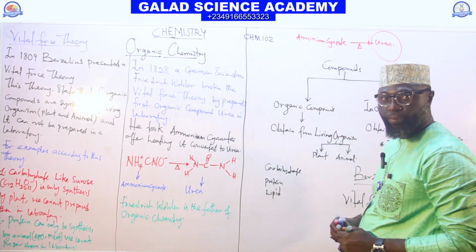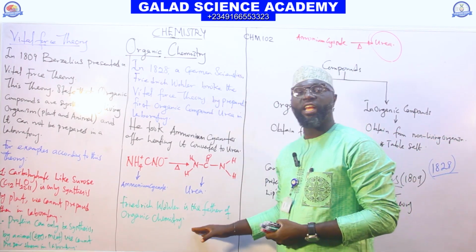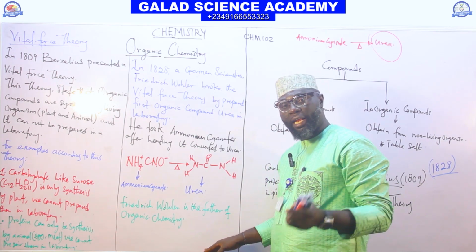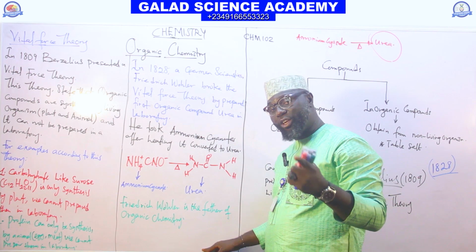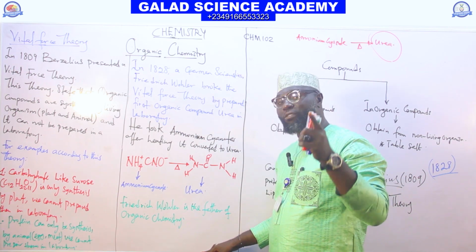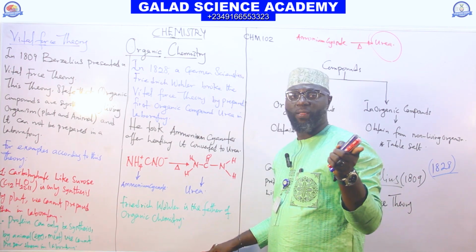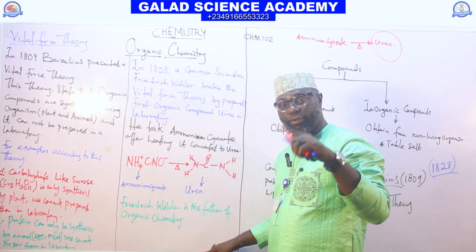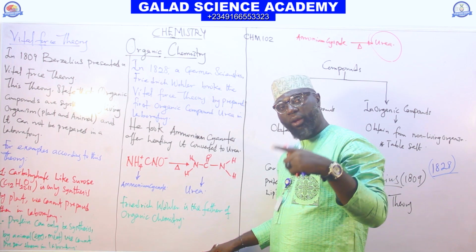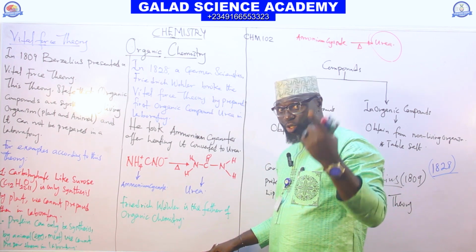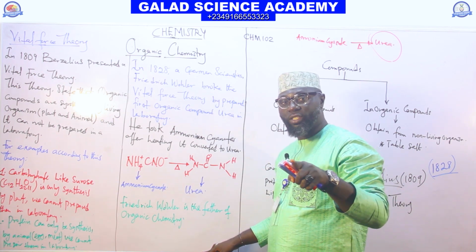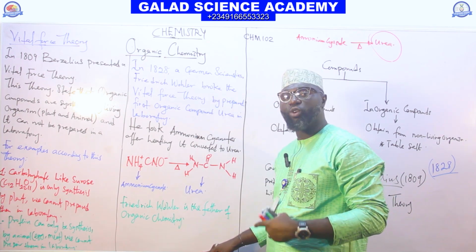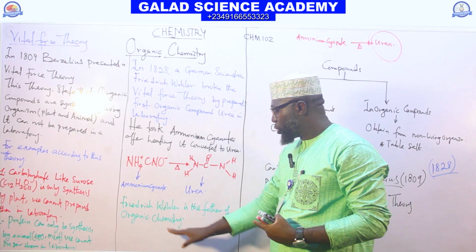Please note it. Who is the father of organic chemistry? Friedrich Wöhler. Like Gregor Mendel is the father of genetics in biology, Robert Hooke is the father of the cell in biology, and Aristotle is the father of biology, or of zoology.